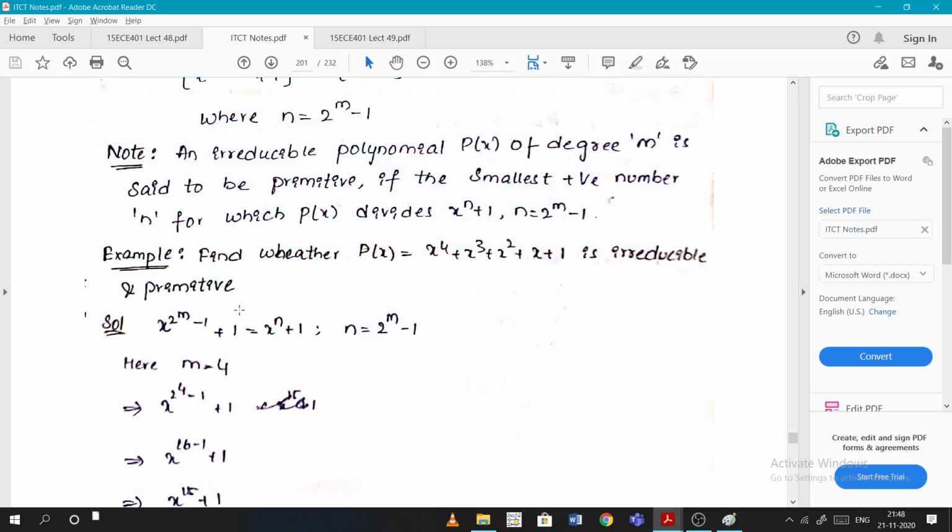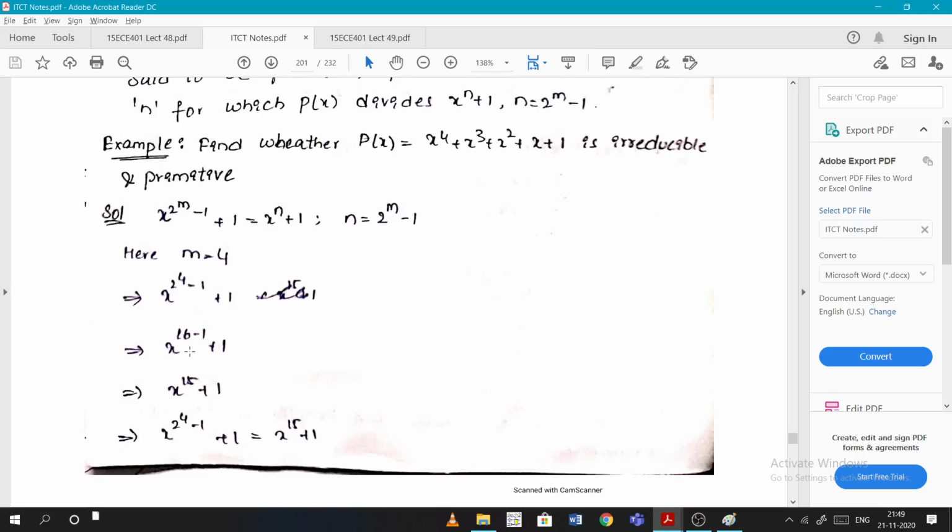So first we need to find the polynomial x power 2 power m minus 1, plus 1. So m is 4, right? 2 power 4 is 16, minus 1 is 15, so that is x power 15 plus 1. So this is a polynomial with degree 15, right? Now we have to divide x power 15 plus 1 by p of x, that is x power 4 plus x cube plus x square plus x plus 1.